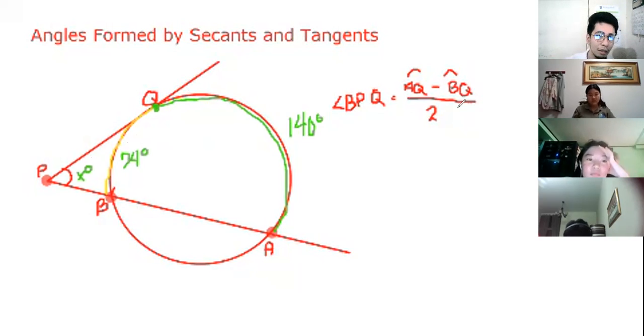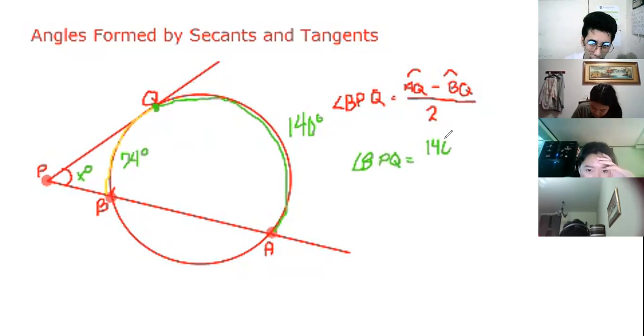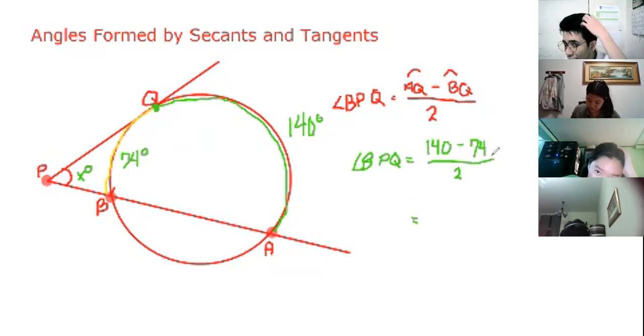So ganyan lang din. Sundan lang natin formula na to. Angle BPQ is equals, ang AQ natin 140 minus, ang BQ natin 74, divide natin by 2. Okay? 140 minus 74, 70 minus 4, 66. Diba?